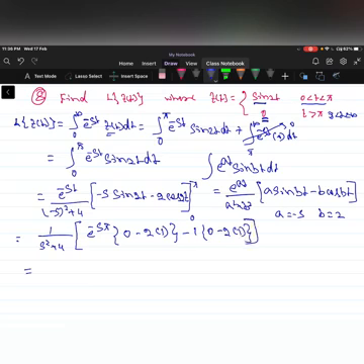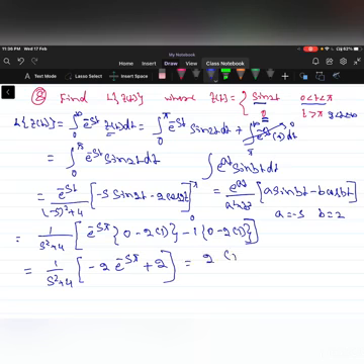So this implies 1 by s square plus 4, that is minus 2 into e power minus s pi, then minus into minus plus 2. We take 2 outside here: 2 into 1 minus e power minus s pi divided by s square plus 4.